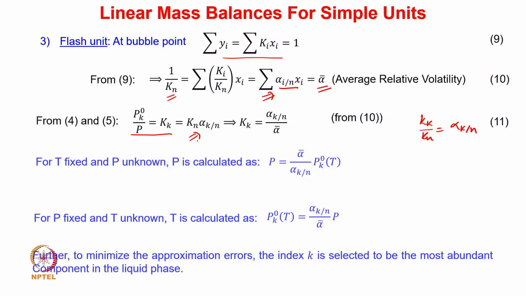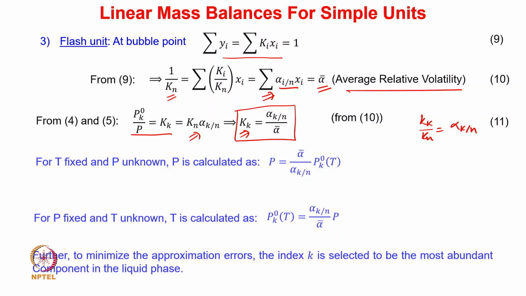But this kn is nothing but 1 by alpha bar, so I can put kn as 1 by alpha bar. So kk can be calculated in terms of the relative volatility of the component k with respect to the key component n divided by the average relative volatility. So the ratio of the relative volatility and the average relative volatility gives us the constant kk.